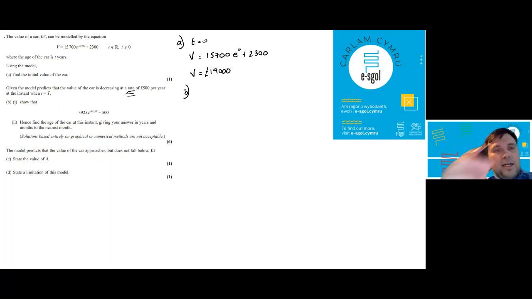So if we have a look at our equation here, I'll put it down. V equals 15,700 e to the minus 0.25 t, plus 2,300. So again, we'll do dV by dt. The constant 2,300 will just go, and then we differentiate minus 0.25 t, so that's going to be minus 0.25 times 15,700, times e to the minus 0.25 t.